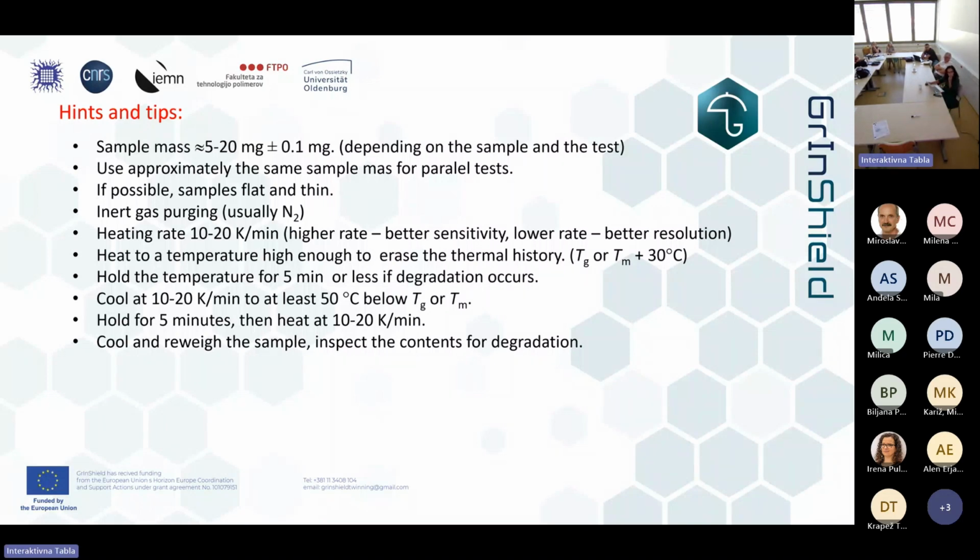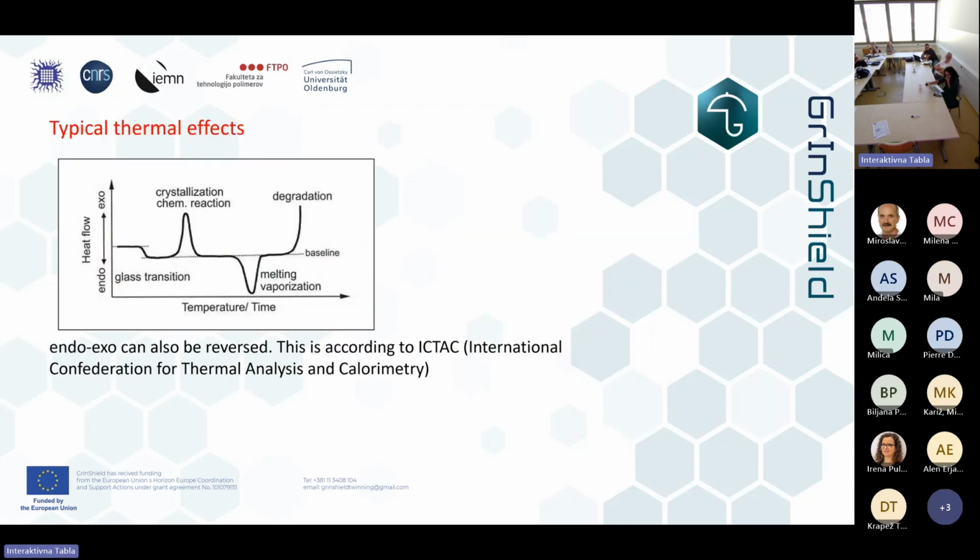If we did, it means that maybe our sample was humid, or some solvents remained inside, or there was degradation of the polymer during the heating. So this sometimes can give us better insight into the measurement that we made.